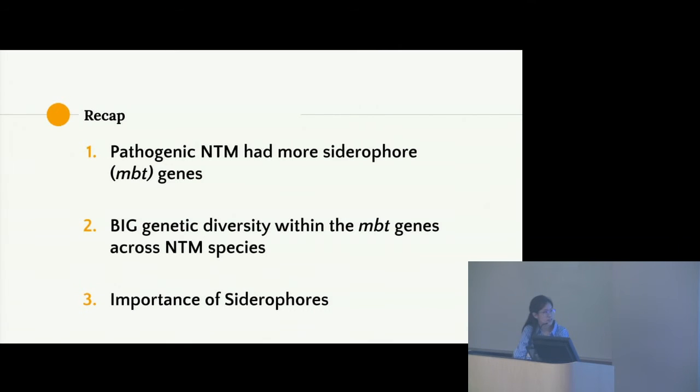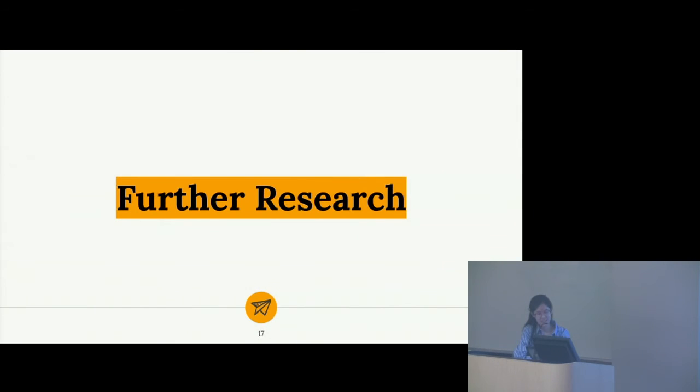And third, siderophores are important because the bacteria need the iron to grow. Further research for this project could be looking at the real-time efficiency of iron acquisition within the bacteria, so we can monitor how fast the bacteria acquire iron. And we can also look at how the genetic variation that I pointed out earlier affects the protein structure.